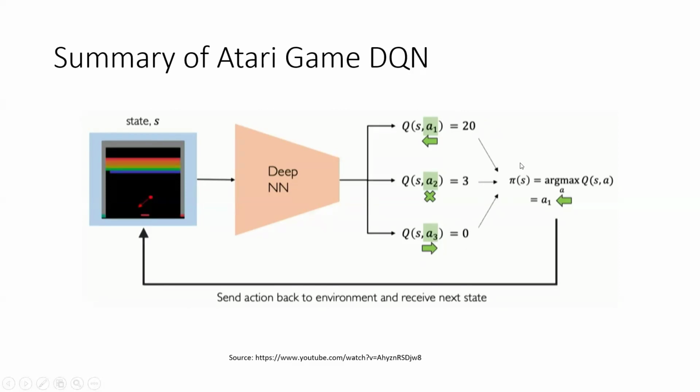So then you can calculate the policy, which is the maximum of these Q values, which is the 20. So the action which gives you the value 20 is the one with the action 1, A1, right?